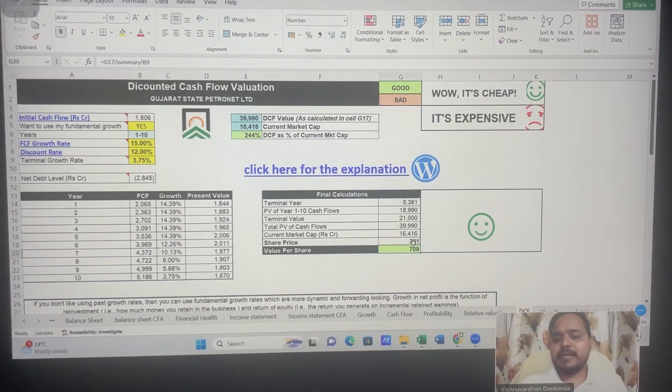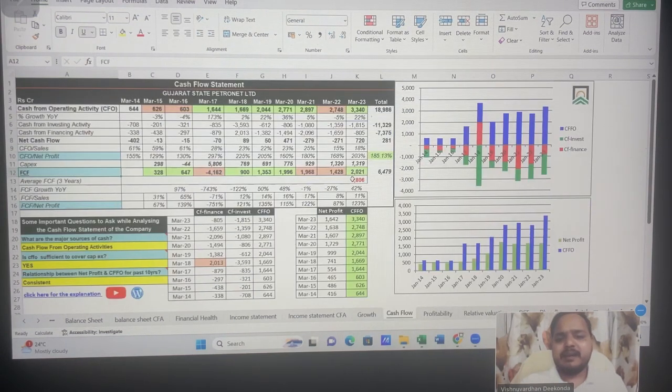Share price is 291. Initial cash flows, by default the last 3 years are taken, so I am not adjusting. Generally with some companies I might adjust, but with GSPL, 1806 crores. Is it reasonable or not? It is pretty reasonable. You can see more than 1800, more than 1800, more than 1800.